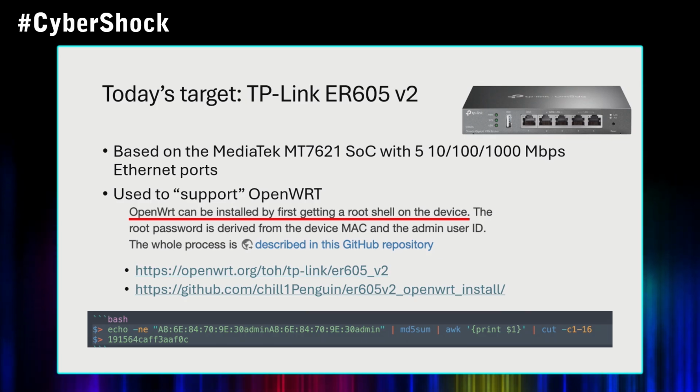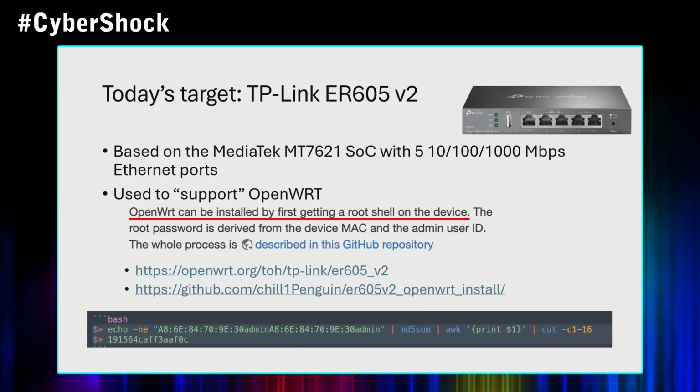You have a CLI where there's an undocumented command called debug. You type it in. It will ask you for a password, which is derived from the MAC address of the device and your username. You insert that, and then you get root as in the normal operating system. And then you can flash whatever you want.